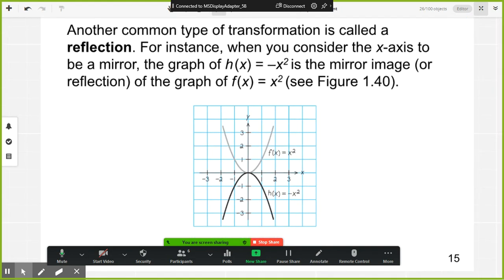So basically, if you'll notice, our parent function there, if we make that function negative, it flips it across the y-axis. Basically, across the x-axis. If I folded the x-axis, it's going to lay on top of each other. It flips it the other way.